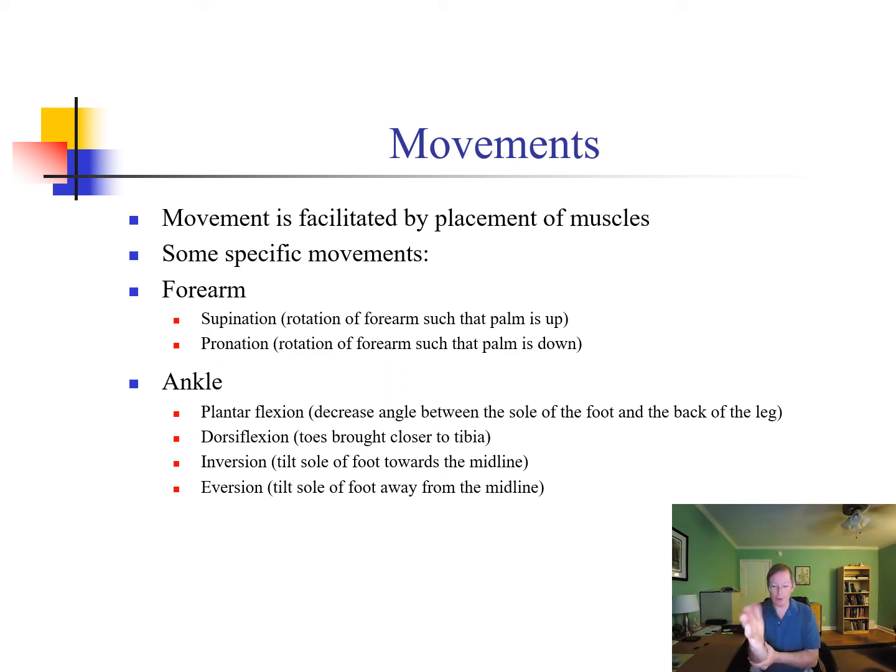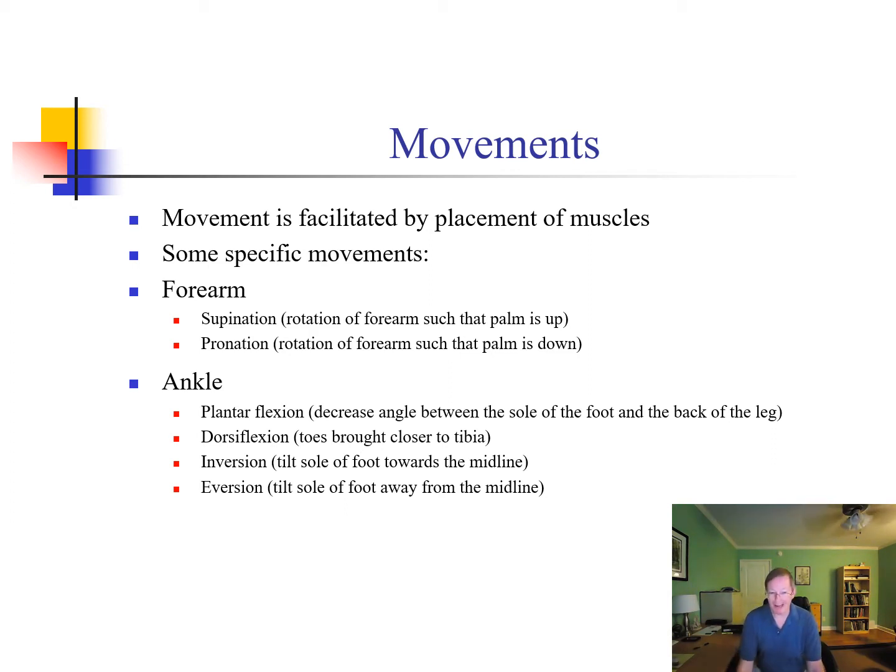And I can move my wrist relative to those two bones using muscles. I could have one motion that would lead to my palm being up and another one leading to the palm being down. Palm up is supination, palm down is pronation.